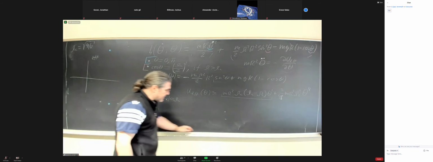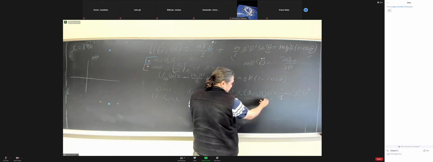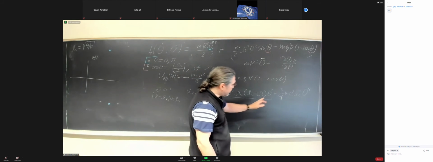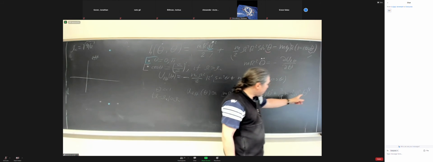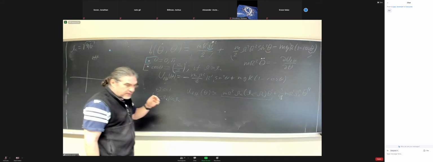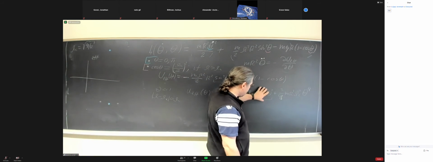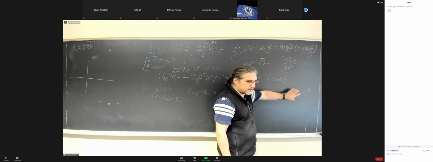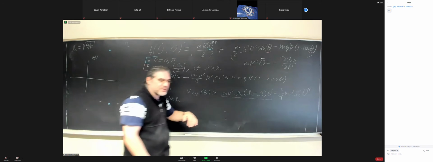When omega is less than omega critical, this term is positive, right? And what I have is a square with a positive coefficient, and a fourth order term. When theta is very, very small, this term is much larger than this one, because theta to the 4th power is less than theta to the 2nd power.